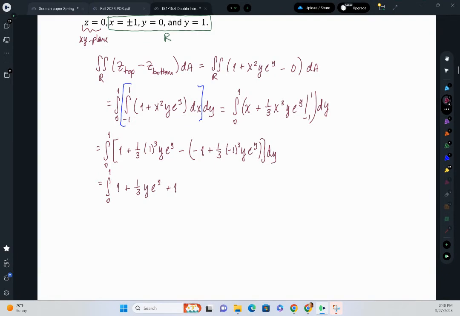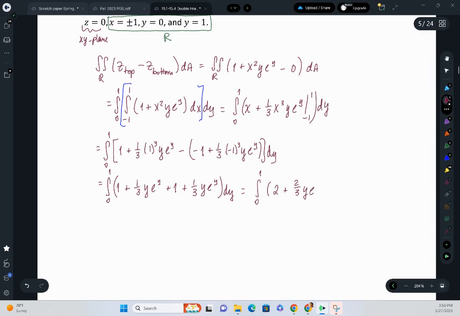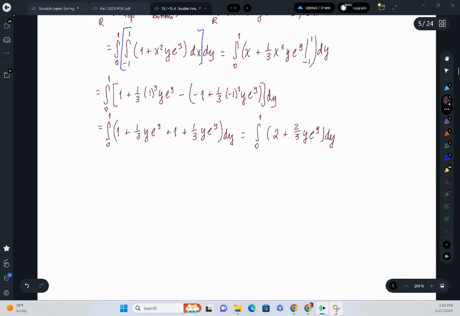But then I'm distributing another minus sign through, so it'll be plus 1/3 y e to the y. And then I can combine like terms, and finally I get the integral from 0 to 1 of 2 plus 2/3 y e to the y dy. All right, that's not bad.